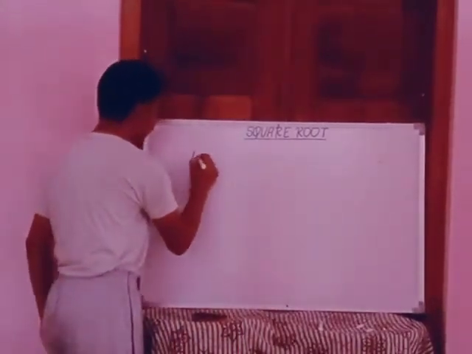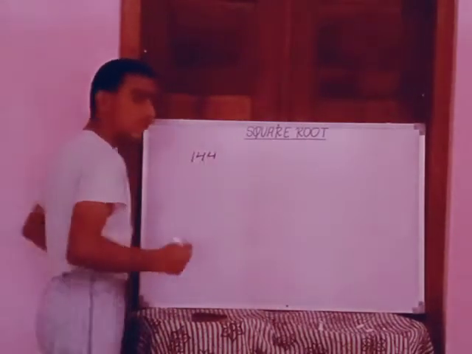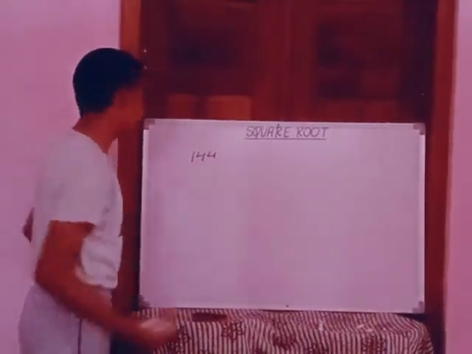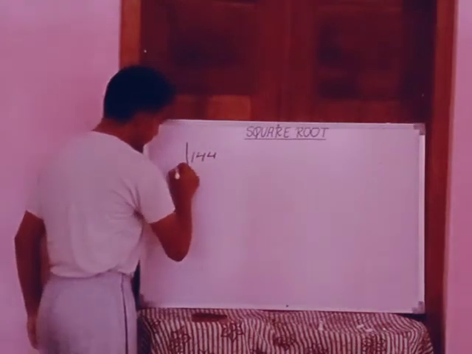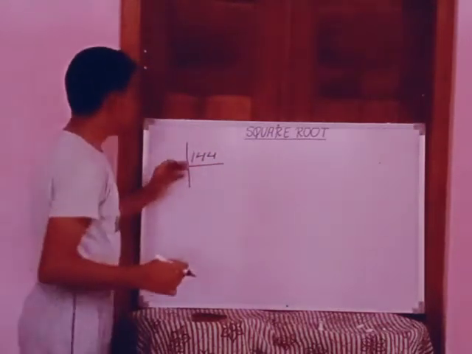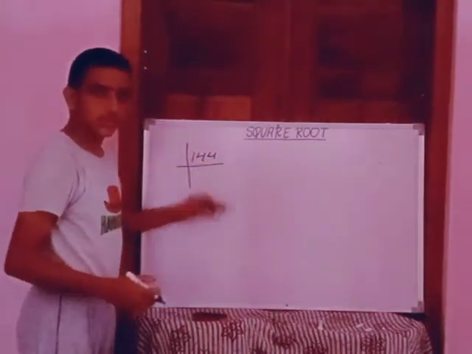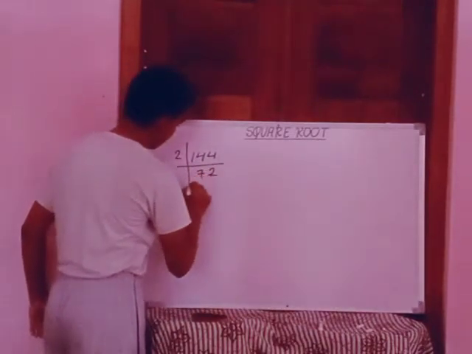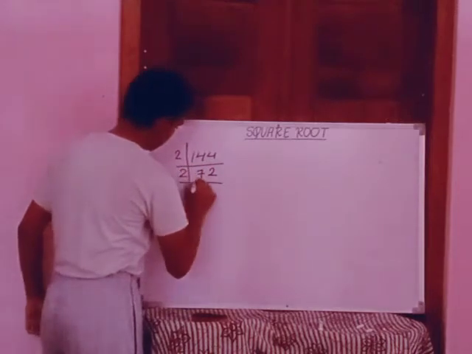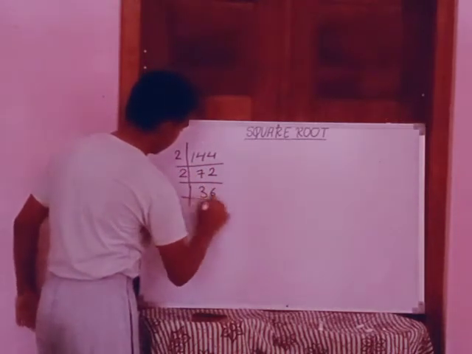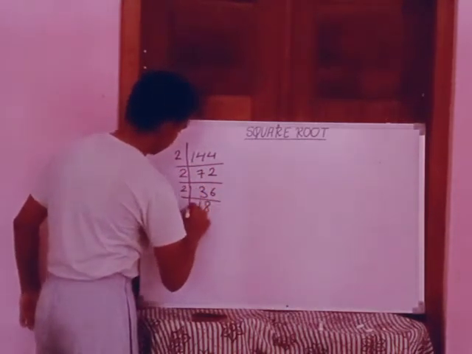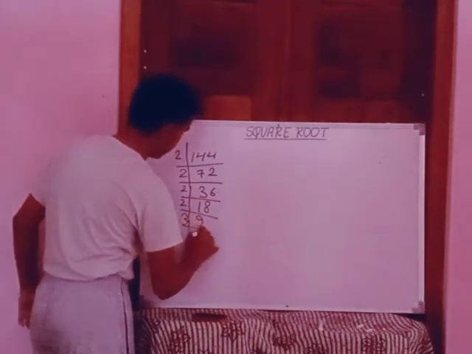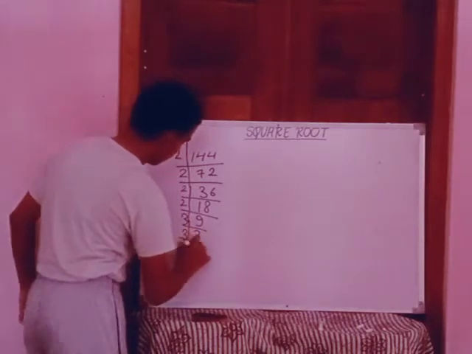Like the number is 144. Now let's try to find the square root of this number by the prime factorization method. In this we break this number into different prime factors like this: 2, 36, then 18, then 9, then 3, then 1.